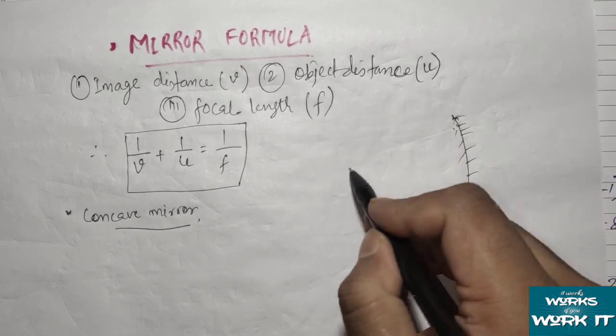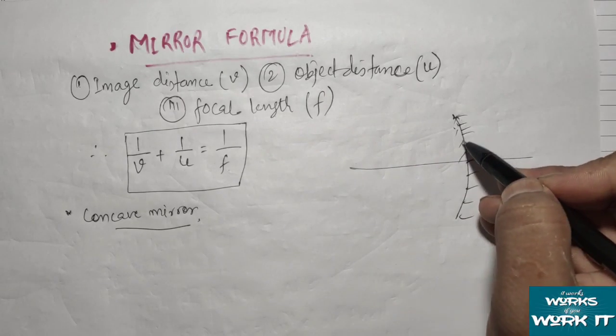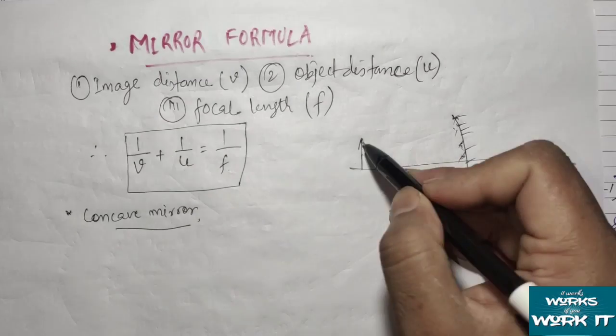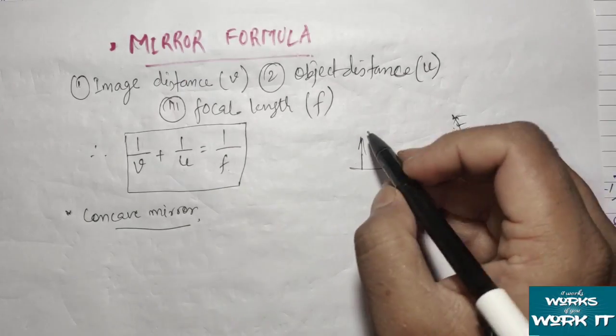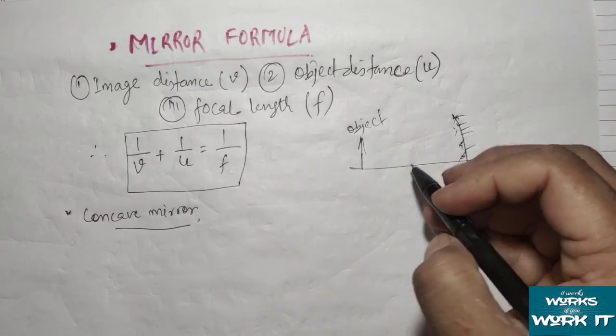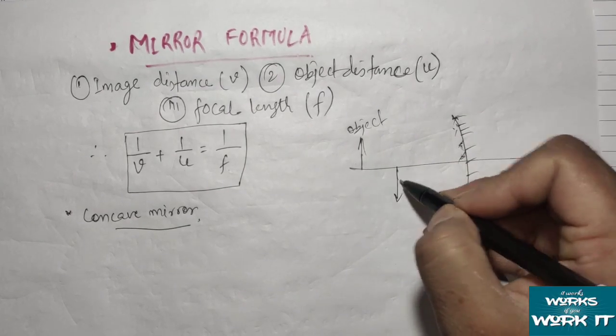The object will be in front of the mirror. Suppose this is the object, and suppose the image will be formed here.